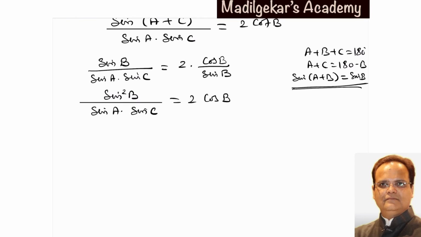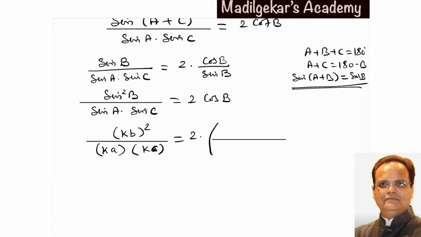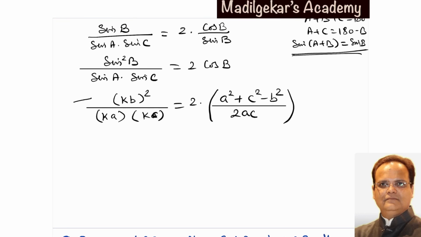By sine rule, we can replace sine A by ka, sine C by kc, and sine B by kb. And in RHS, cos B can be replaced by a square plus c square minus b square upon 2ac by cosine rule. Numerator is k square b square. So k square cancels with denominator k square.